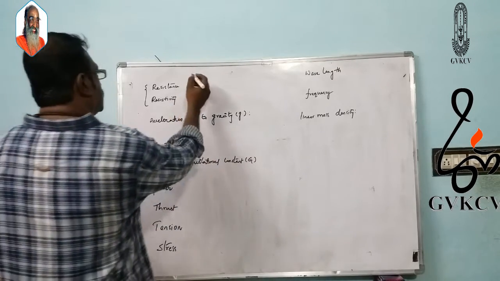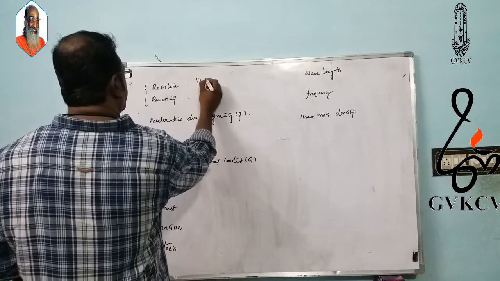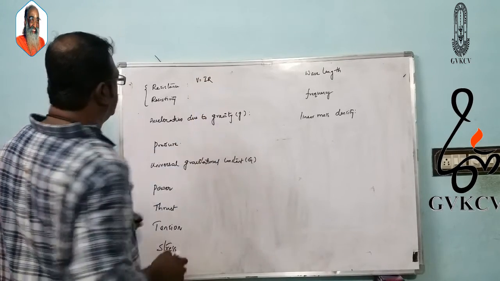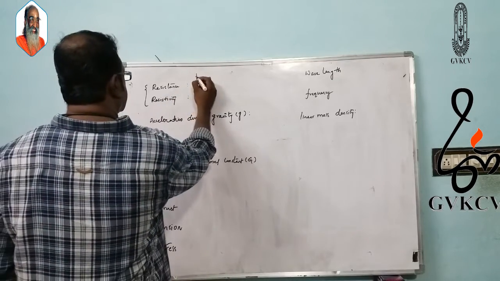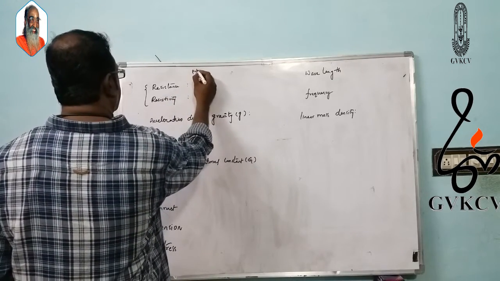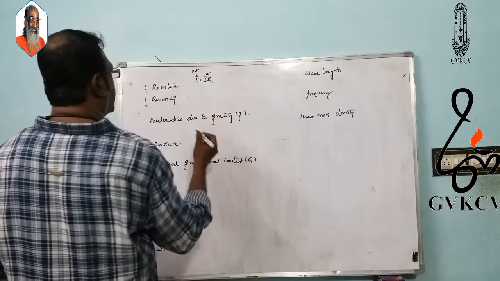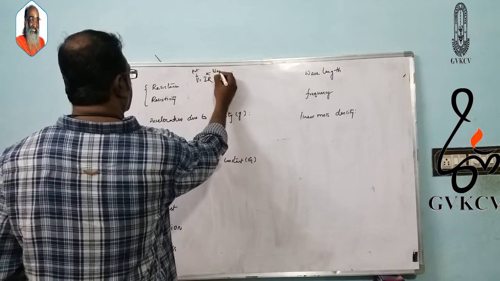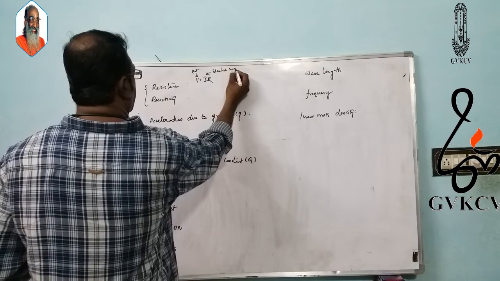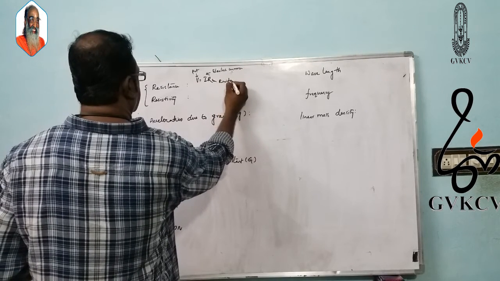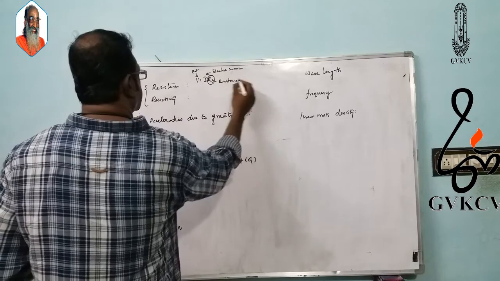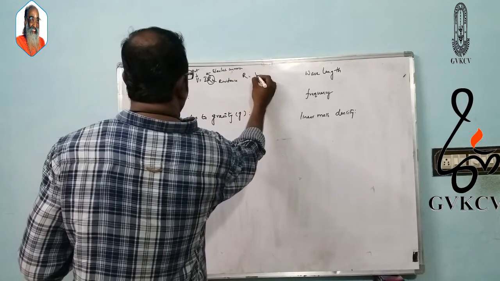You know very well, Ohm's law, V is equal to IR. Here V is the potential, I is the electric current, and R is your resistance. So R is equal to V by I.